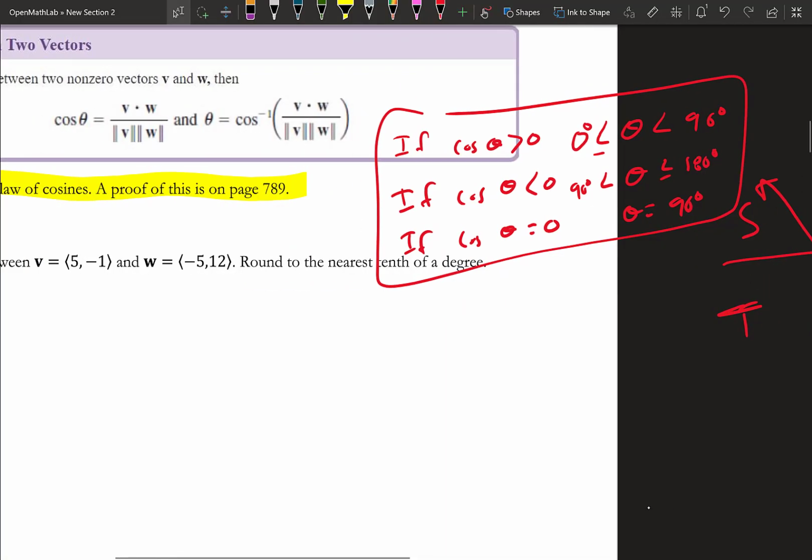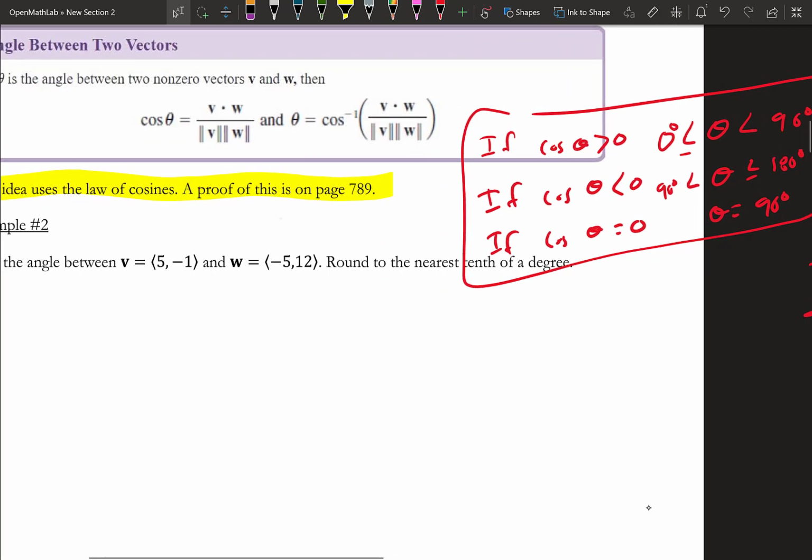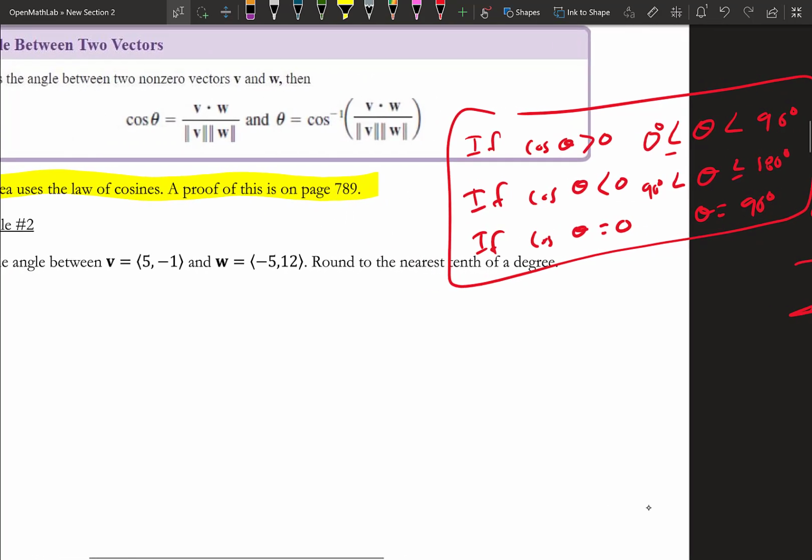Right. So if you think about this a little further, we're thinking about this equation here. If cosine theta is positive, what's going to drive the sign of this is what v times w is, right? Because if you think about the bottom, the modulus of v times the modulus of w, that's always going to be a positive number times a positive number.